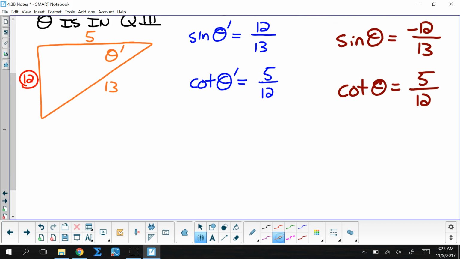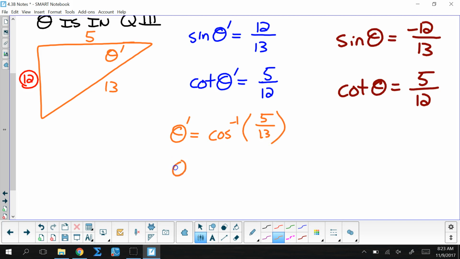Okay? So my reference angle is going to be, since we had the cosine before, we'll use inverse cosine, or you can use whatever you want. I'm totally cool with that. 5 over 13. Okay?